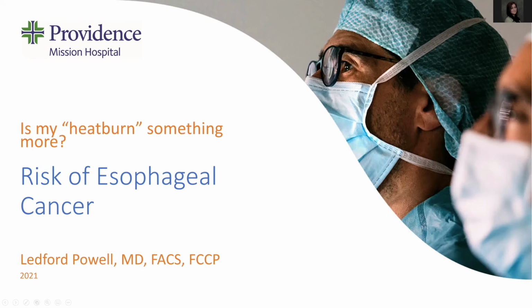I think one of the societal problems, however, is that many of these medications are available over the counter. And so quite a few patients actually initiate their own treatment for any extended period of time without ever going to see a primary care doctor or even seeing a gastroenterologist.